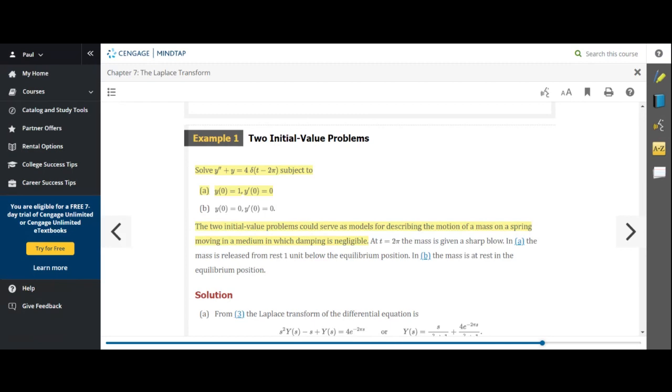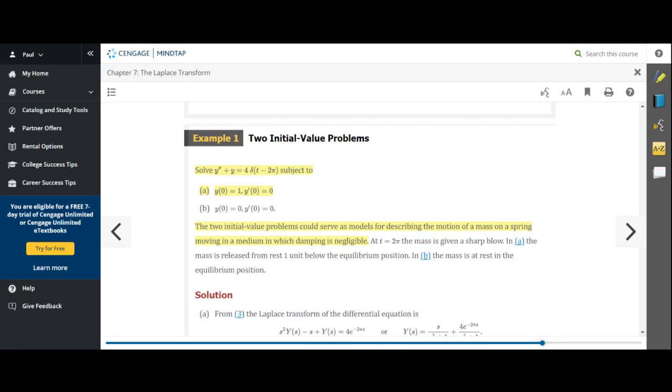Hint: think about the auxiliary equation. The homogeneous differential equation is y double prime plus y equals 0.